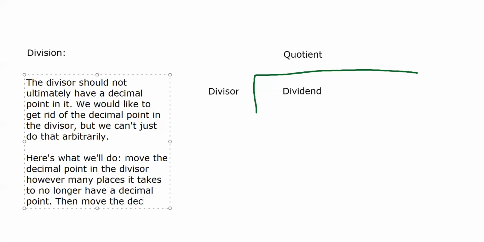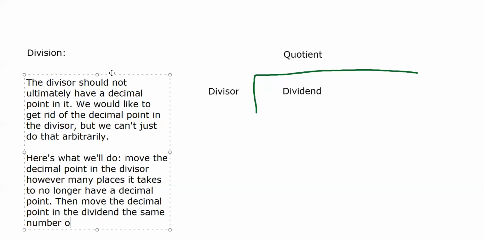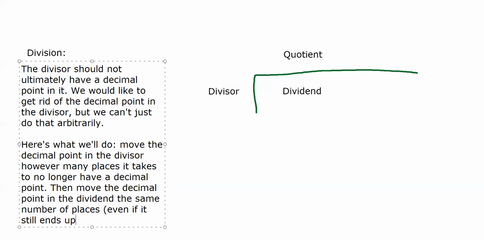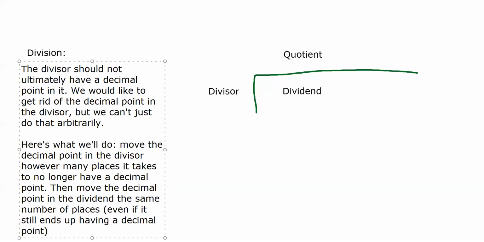Then move the decimal point in the dividend the same number of places, even if it still ends up having a decimal point. You move it the same number of places.